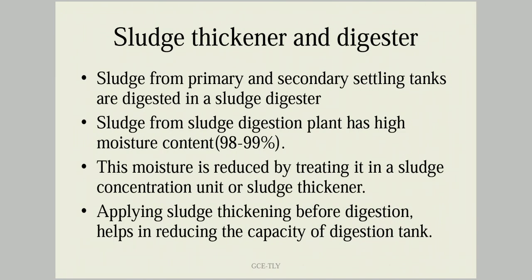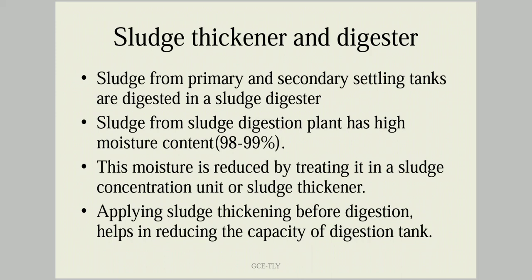After this, the sludge formed is taken to the sludge thickener and then digested. The sludge from the primary and secondary tanks is both taken to the digester. The sludge contains about 90 to 99% moisture. Only 1% is biological compounds, and the remaining 99% is purely water.